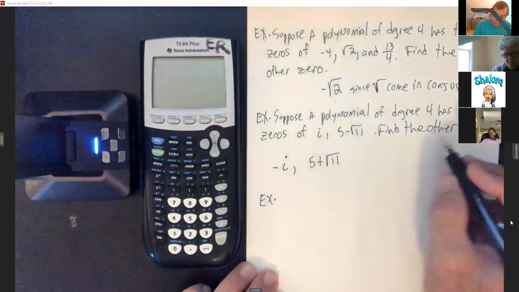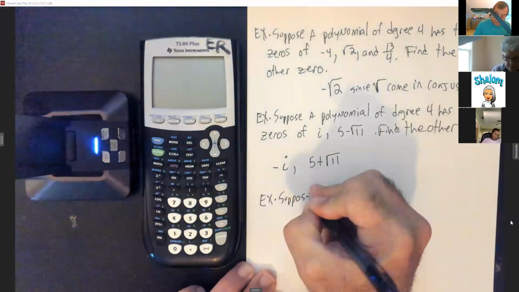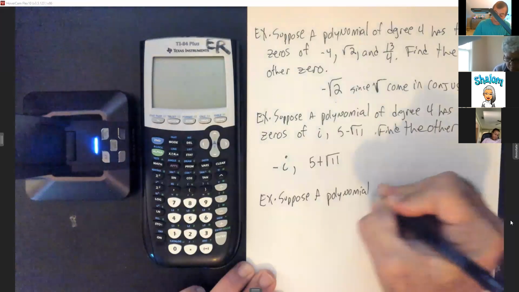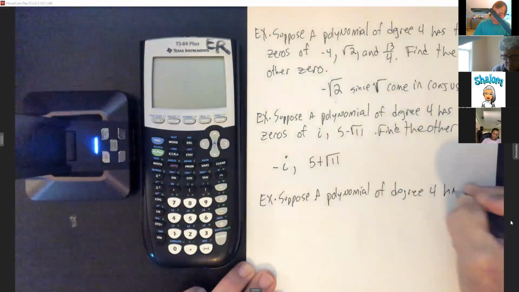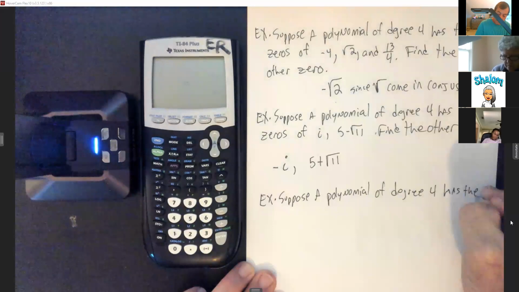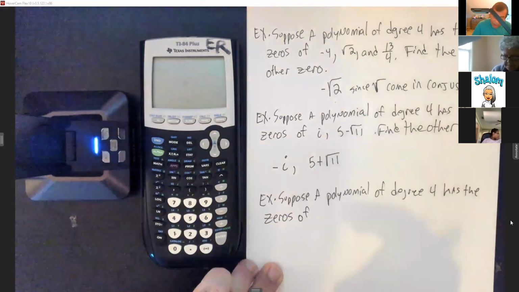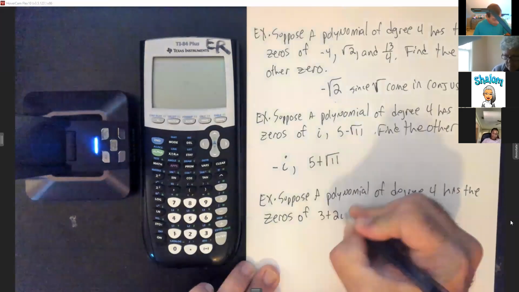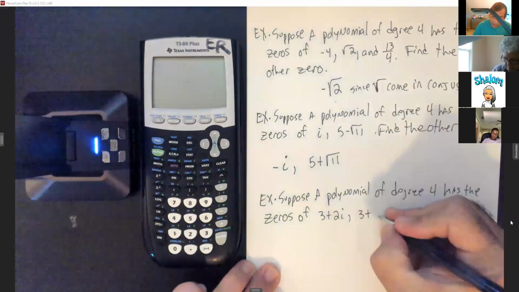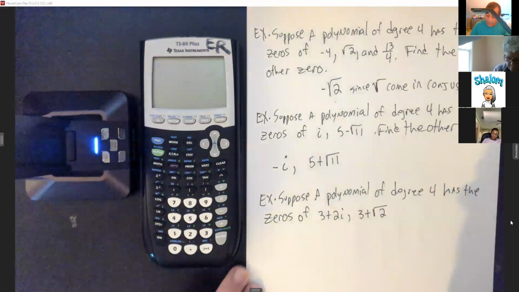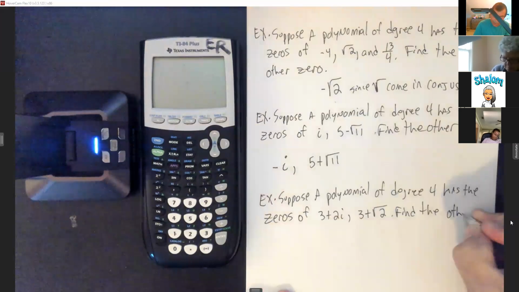All right, then the last one, suppose a polynomial of degree 4 has the zeros of, how about a 3 plus 2i and 3 plus square root of 2. Find the other zeros.